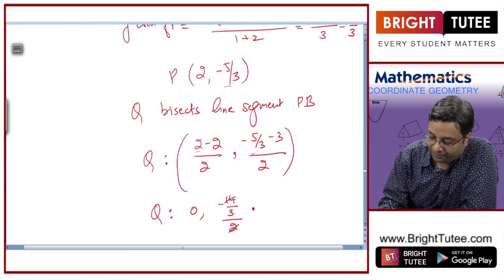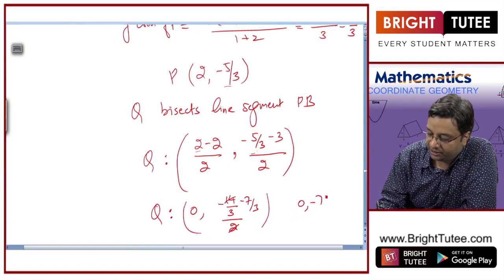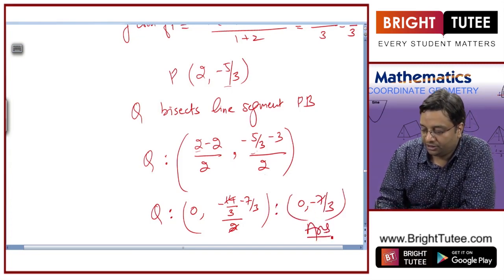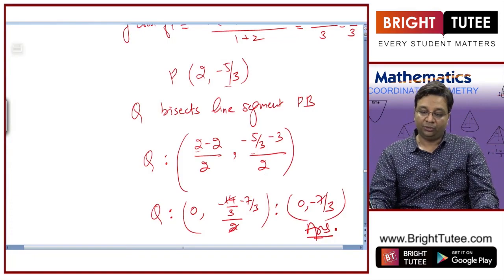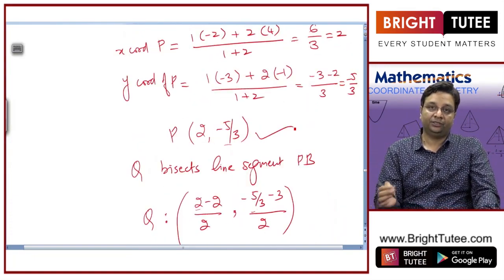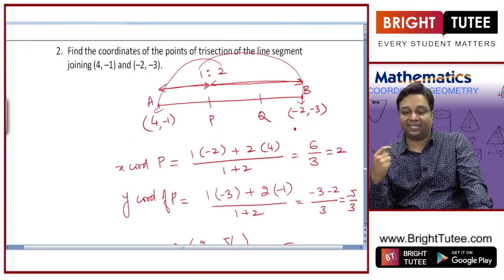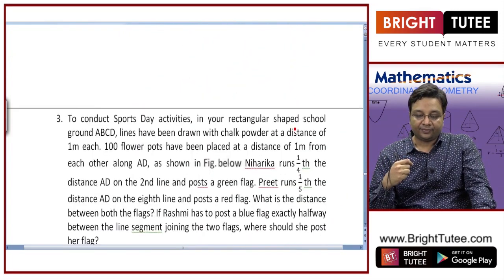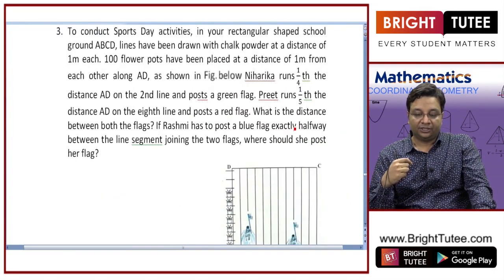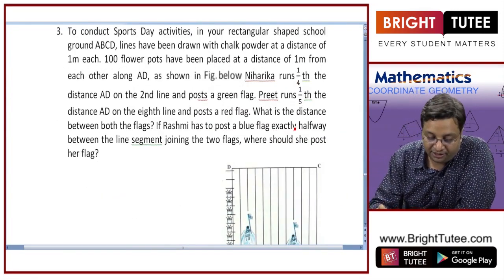So this will become -7 by 3. So coordinates of Q are (0, -7/3). So this is your point Q and this was your point P. So these are the coordinates of points of trisection, right?